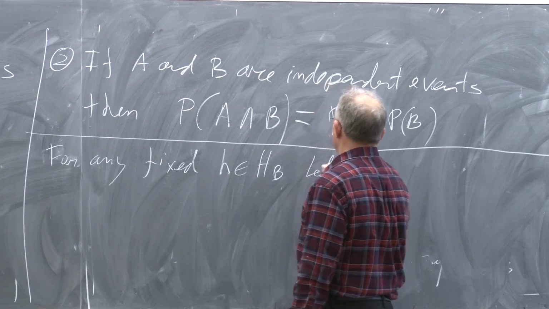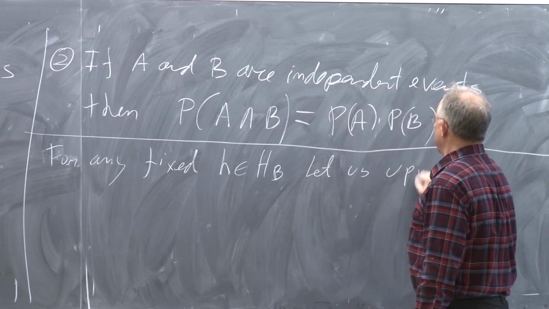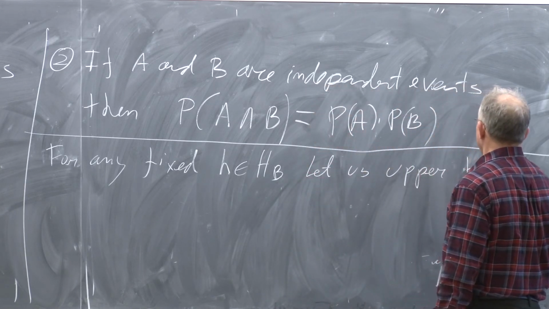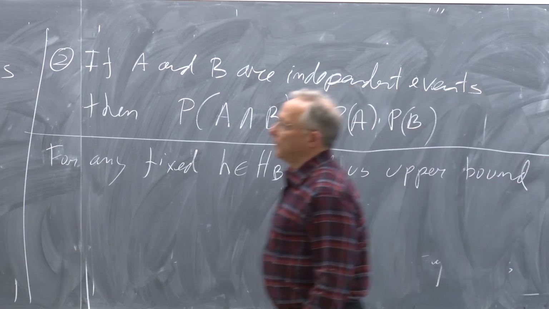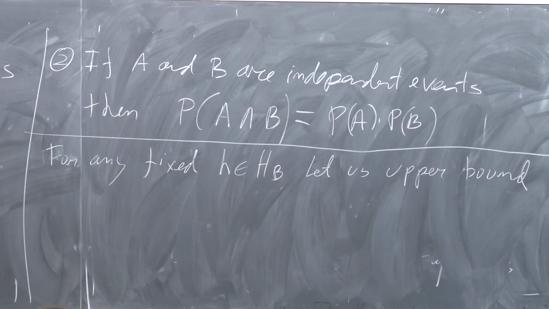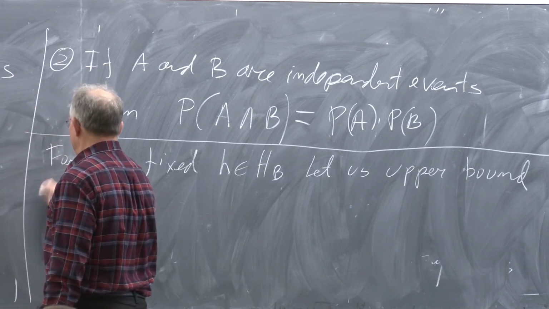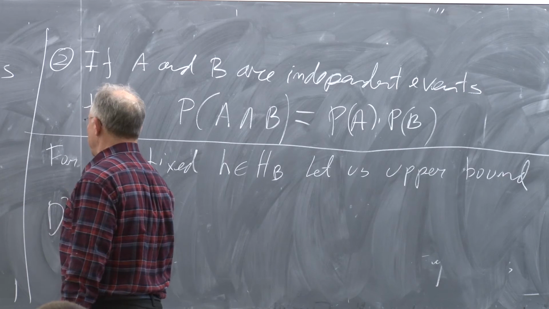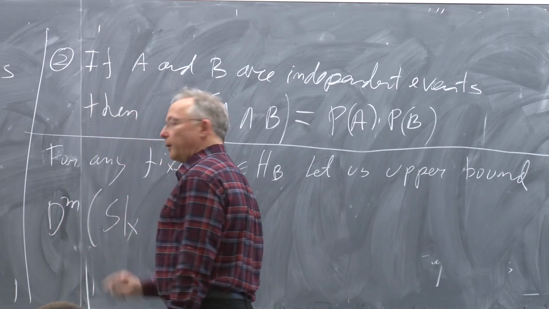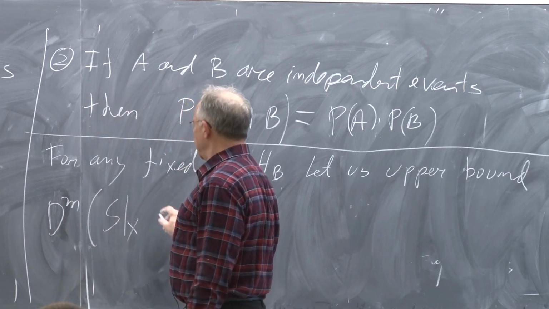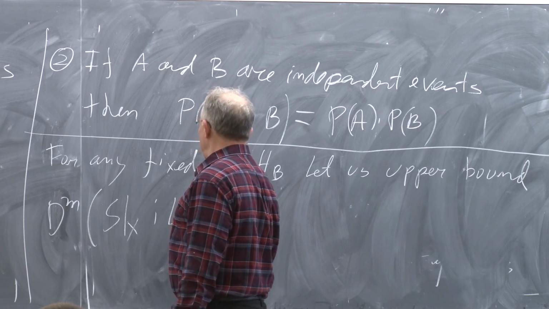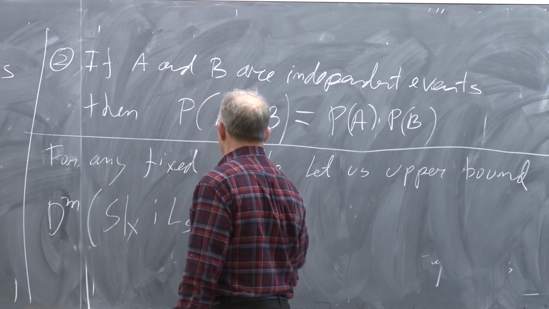Let us upper bound the probability of the set of all samples of size m such that L_S of H is 0.